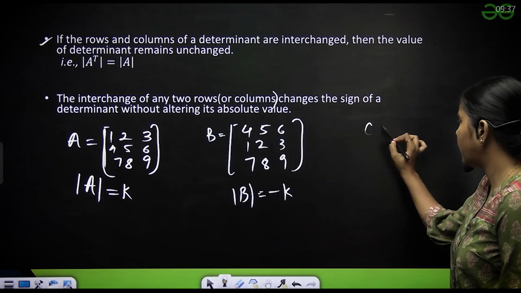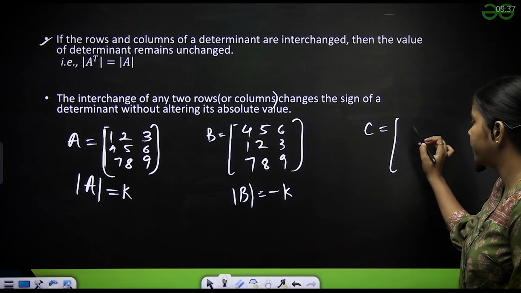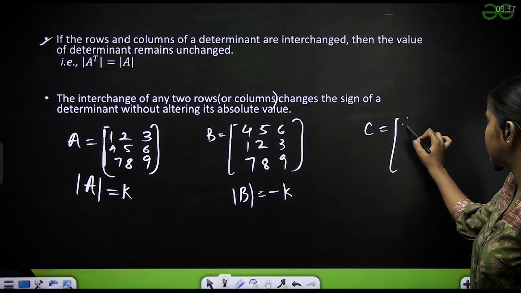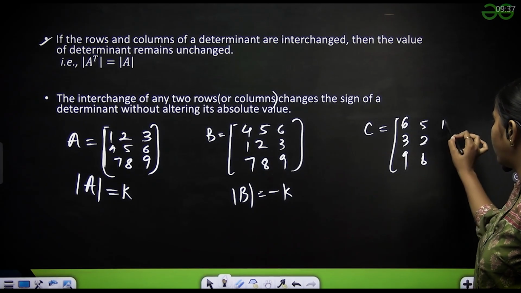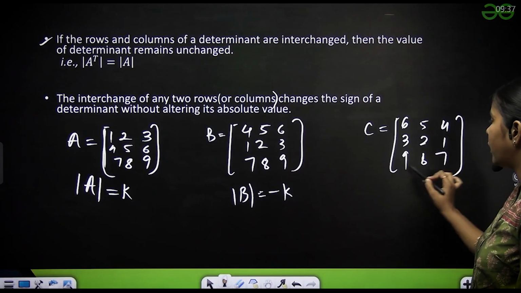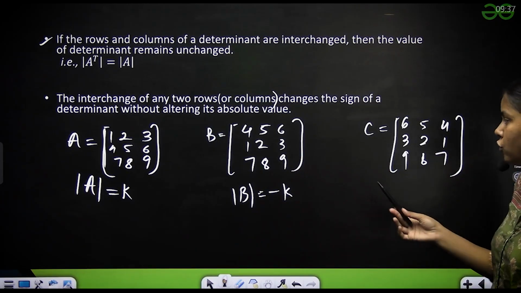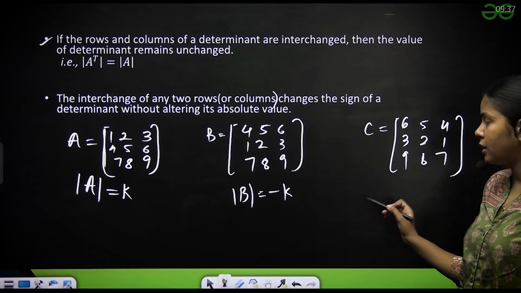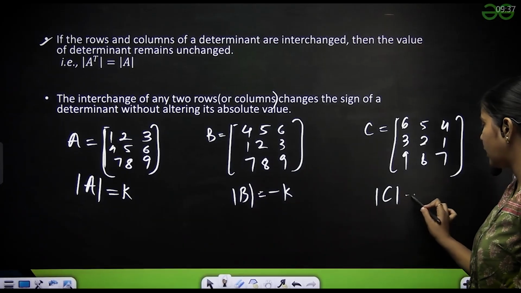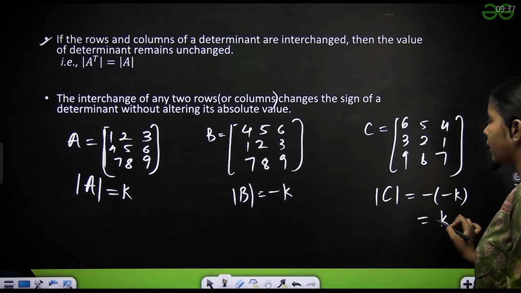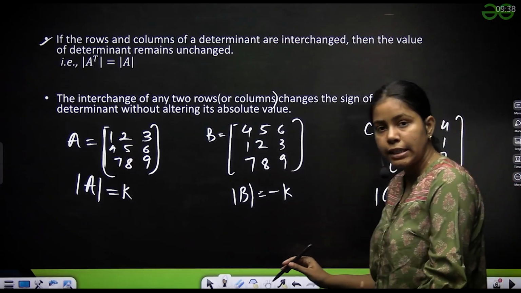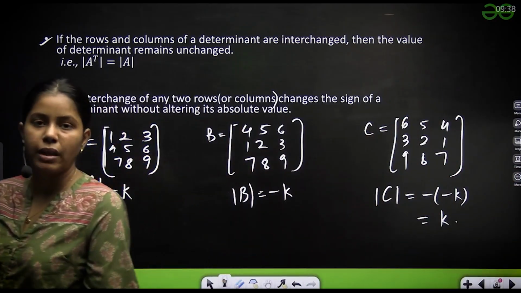Let's suppose I make another matrix C that would be 6, 3, 9, 5, 2, 8, 4, 1, 7. Now here, in this matrix I have interchanged columns, so the determinant here is minus of minus K, which would be K. So if I interchange an even number of times, the determinant remains the same.